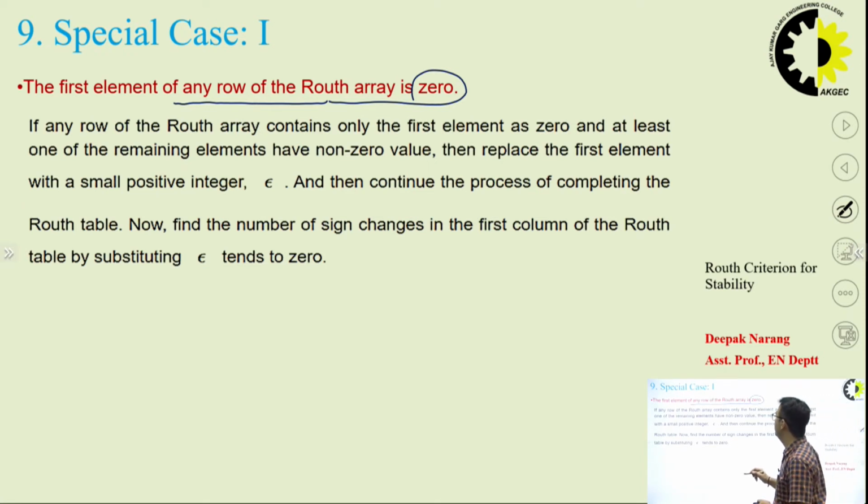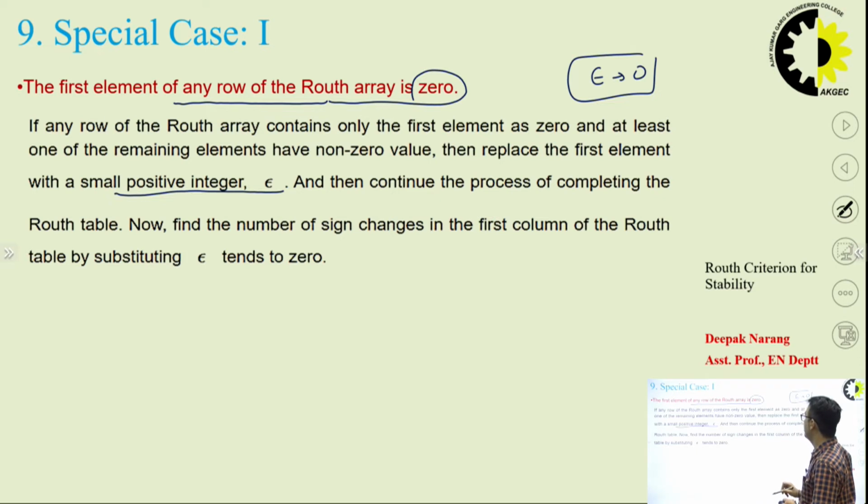We can solve it by assuming a very small number epsilon, which approaches 0. So replace 0 by this small positive number epsilon, and using this epsilon solve the whole Routh stability criterion.